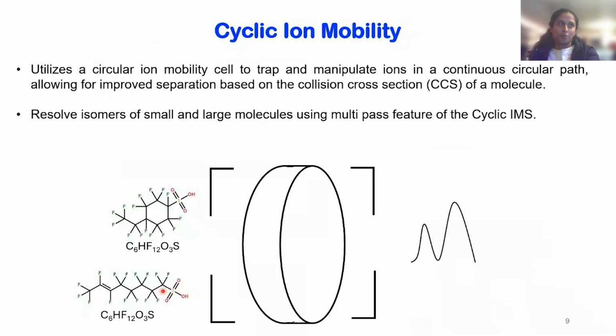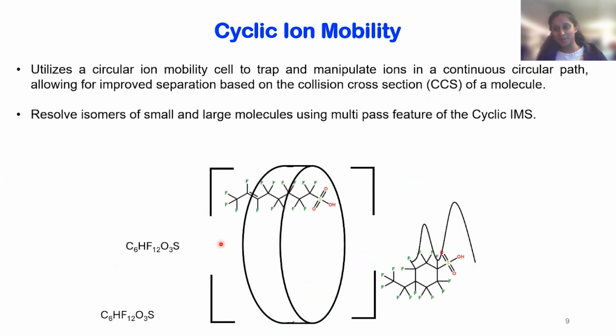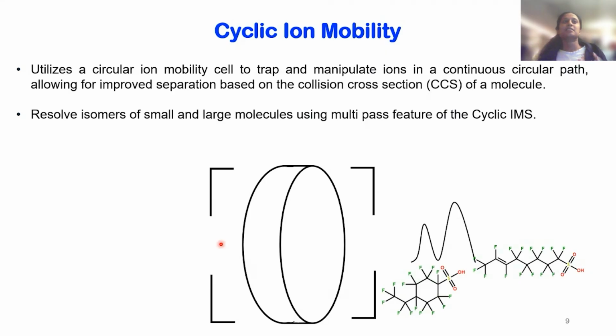So moving forward, I know everybody knows how IMS separates ions, but I like to show this because we have the cyclic ion mobility separation where the ions go through a cycle, and then we can manipulate the number of passes it goes through in the Waters cyclic IMS, and we can separate the PFAS isomers.